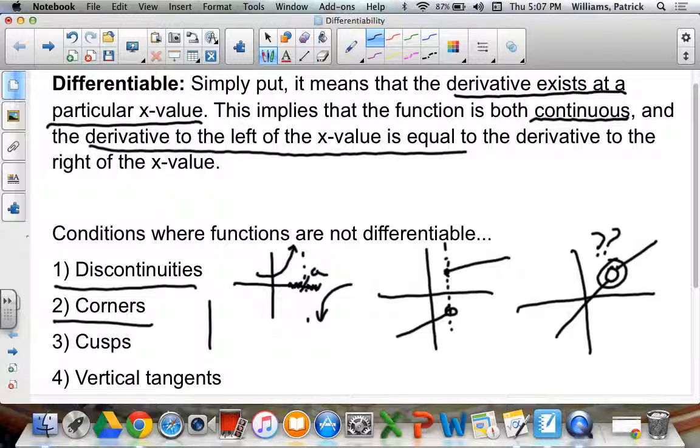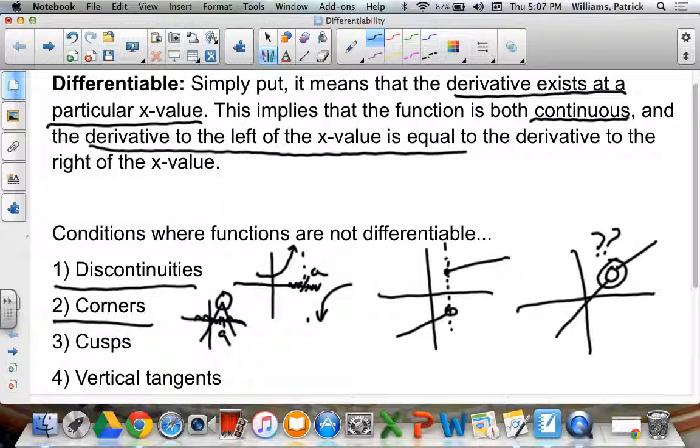So a corner is when we have a function like an absolute value function, let's say, that has a sharp corner right there, okay? Again, when you look to the left and the right of this x value right here, if we call this x value a, we would get a positive derivative to the left of that and a negative derivative to the right of that. So again, the derivatives don't match up on either side of the point.